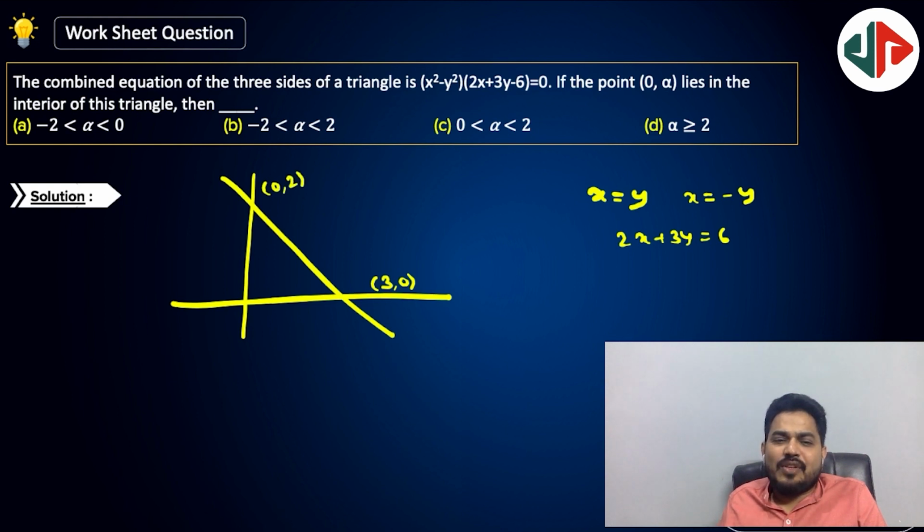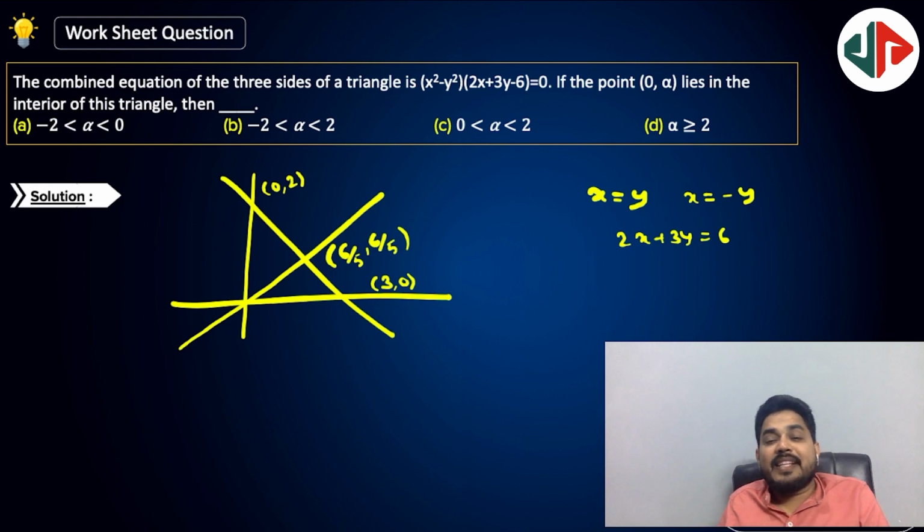The line x equal to y will be like this. So this point, with x equal to y, the answer is (6 by 5, 6 by 5), and x plus y is equal to 0. So x plus y equal to 0 means you are going to get the line like this.